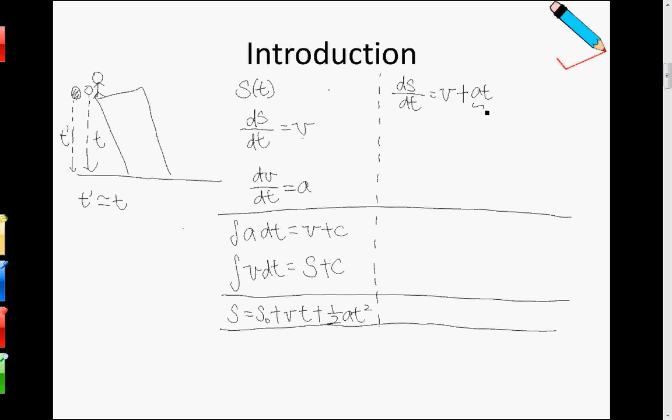Now a times t, acceleration times time, just gives you some speed unit. Okay, I call it v. And this is another speed unit.